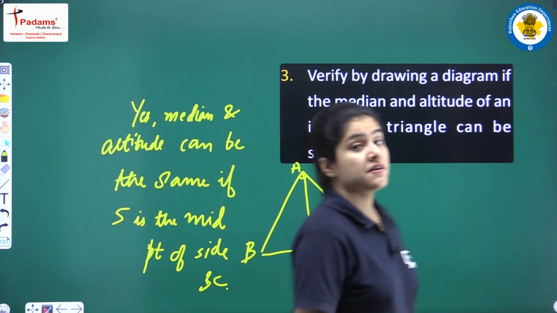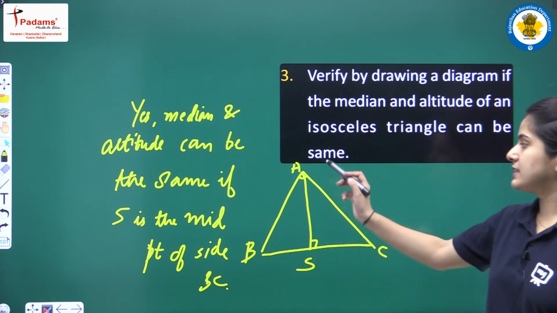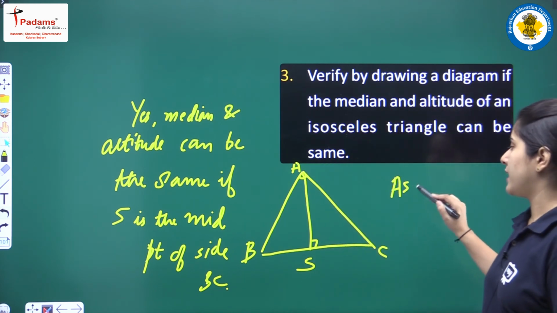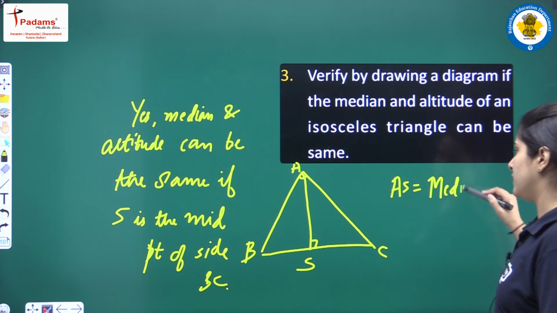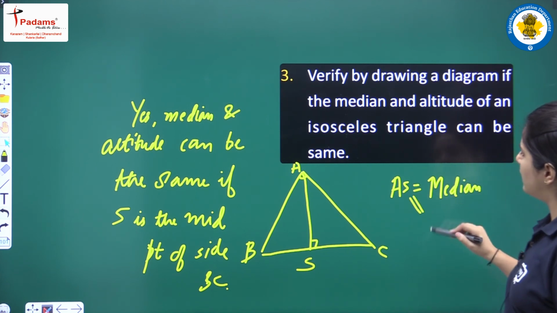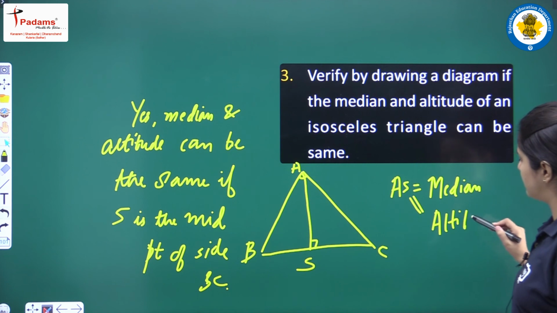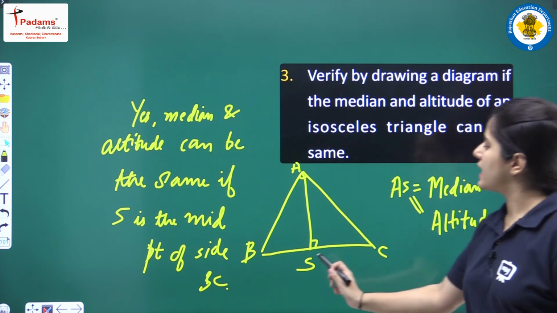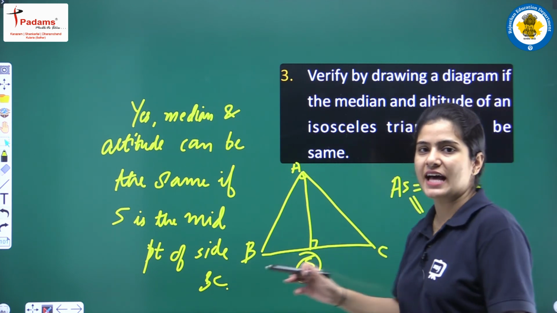Have a look students, we have clearly said that this AS can be the median and it can be the altitude if this S is the midpoint of the side BC.